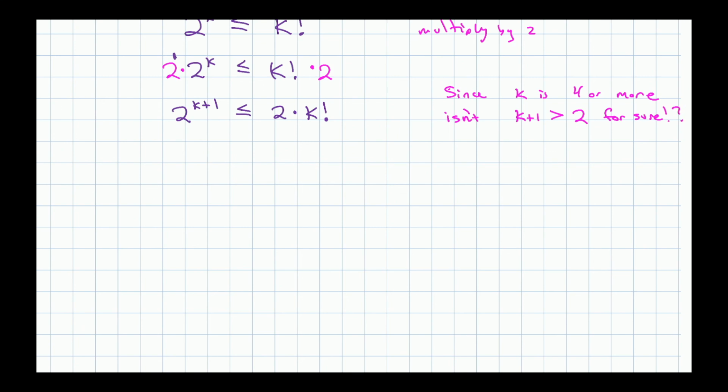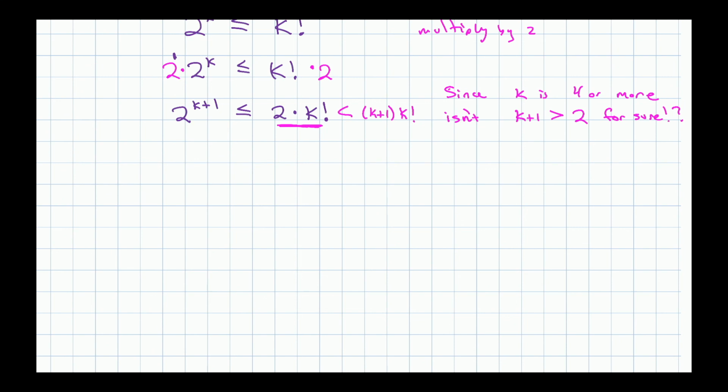It is, right? And so if you use that fact that k plus 1 has to be greater than 2, then this thing right here has got to be less than k plus 1 times k factorial, right?